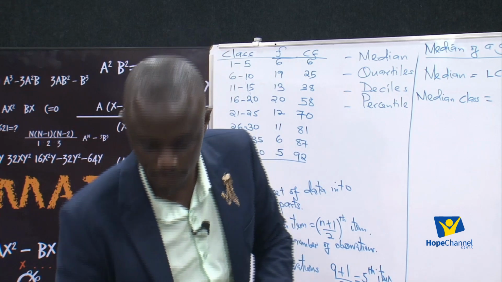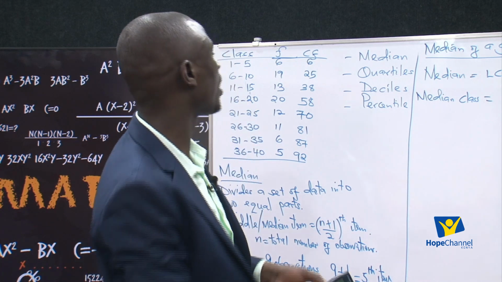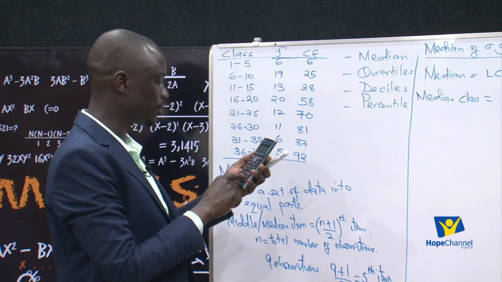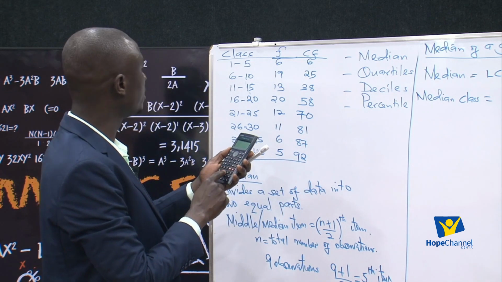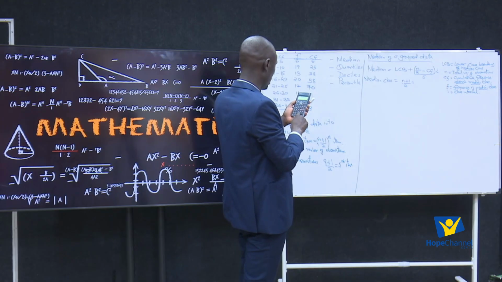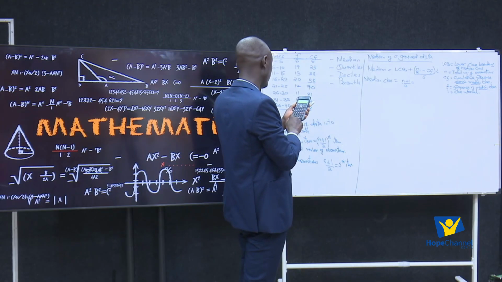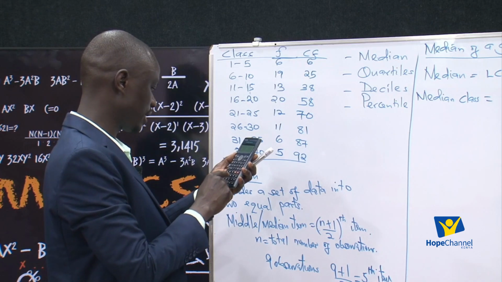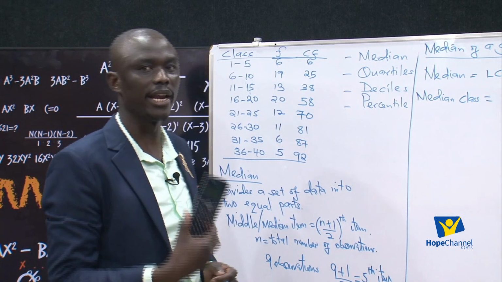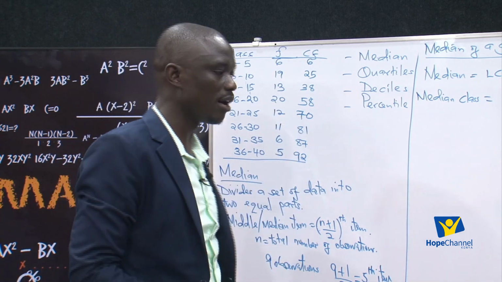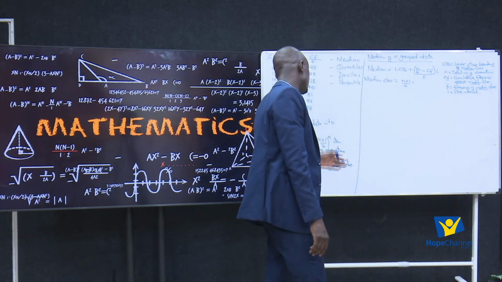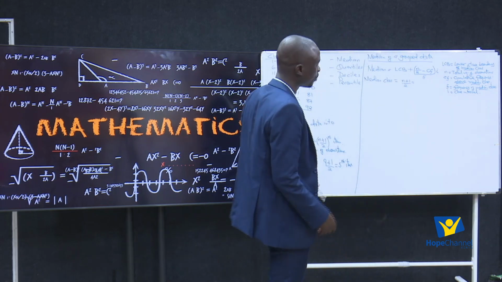So you can prove that by taking your calculator and adding all the frequencies to see if they add up to 92. So 6 plus 19 plus 13 plus 20 plus 12 plus 11 plus 6 and plus 5. We get the total as 92. So that is how we fill the column of cumulative frequency. That's the only column we need to calculate here.